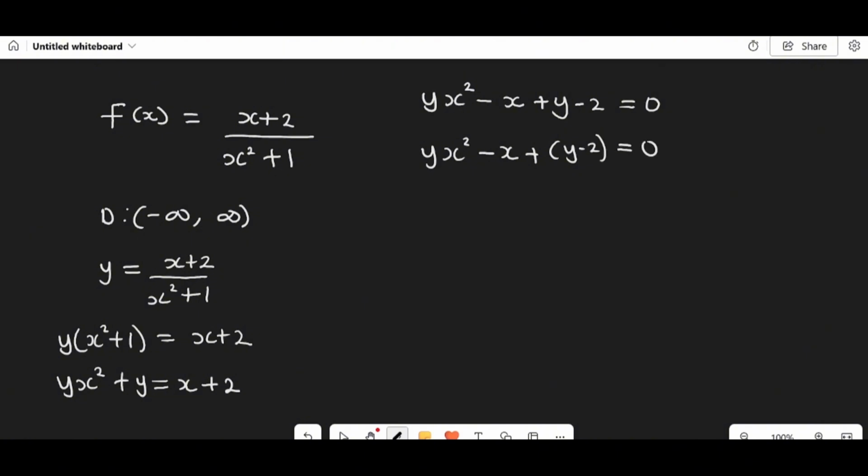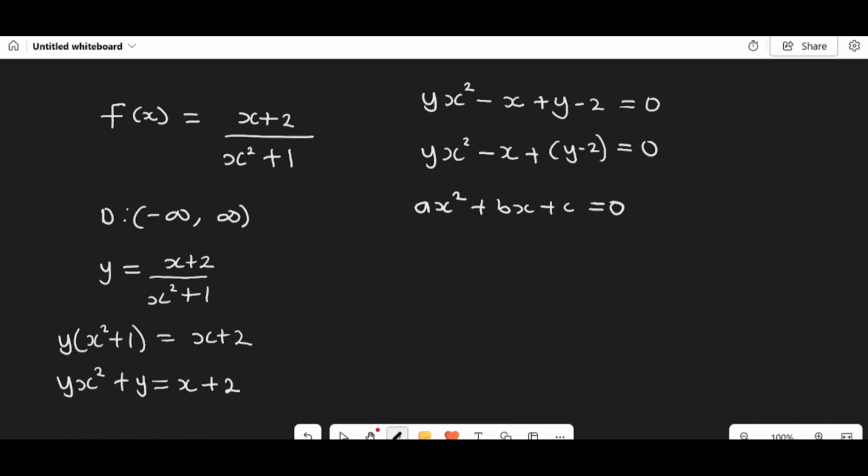To ensure y is in the range, this equation must have real solutions. So the discriminant must be greater than or equal to 0. The general quadratic form is a x squared plus b x plus c equals 0.